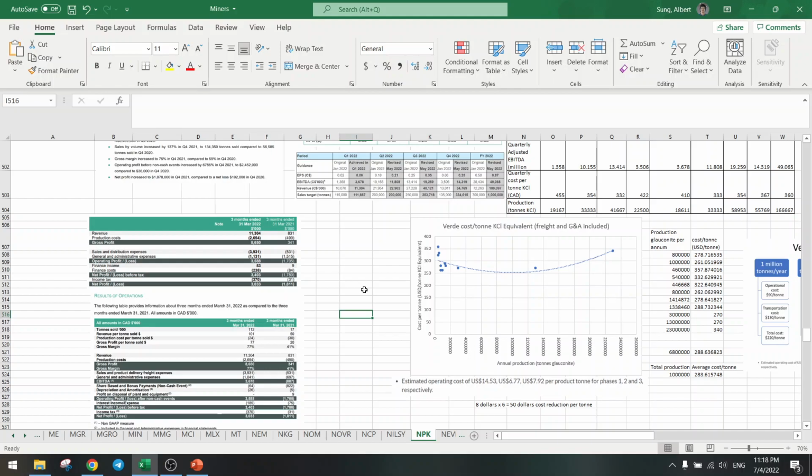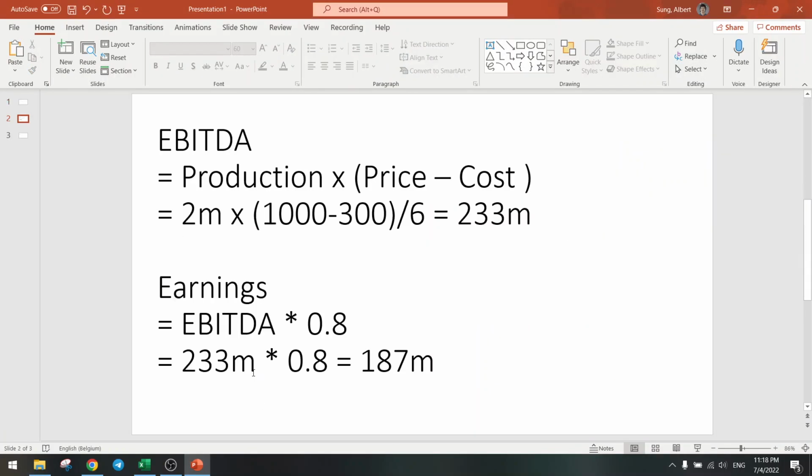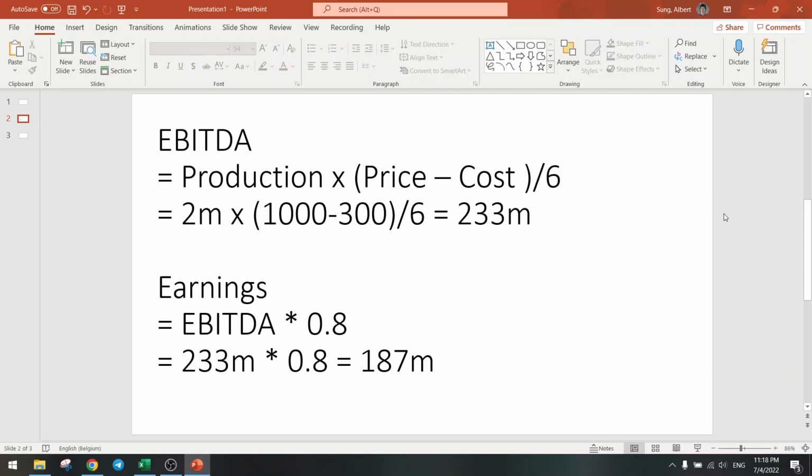So how do we calculate the EBITDA now? Very easy. I have this nice formula to calculate EBITDA. That's production times the price minus costs. And as you know, we need to divide it by 6 because we are talking about glauconite, which is 6% lower concentration. So if you do this, 2 million production, which is the outlook for next year, times the price currently at 1,000.